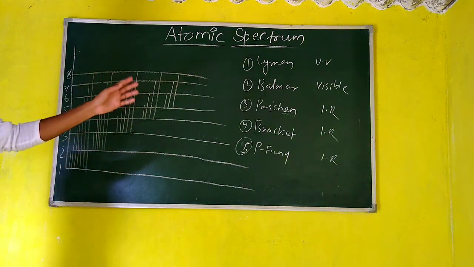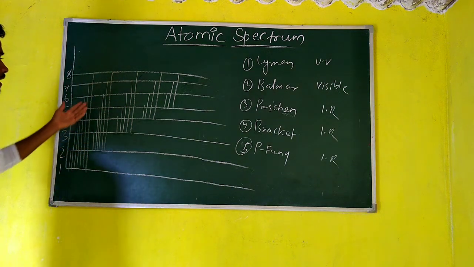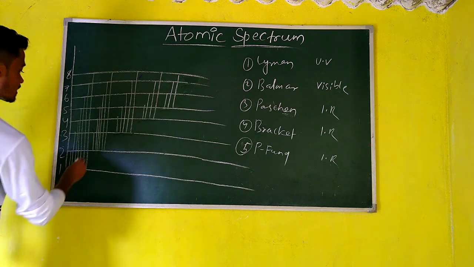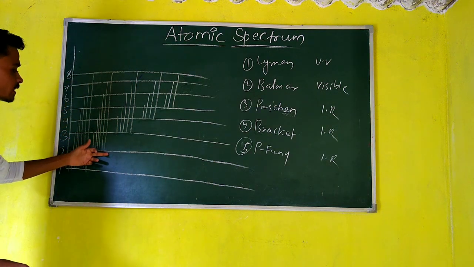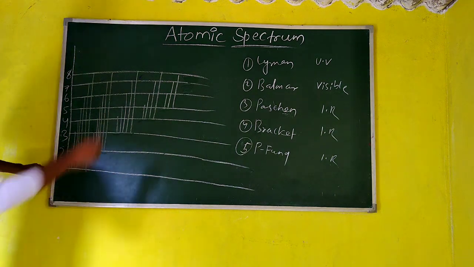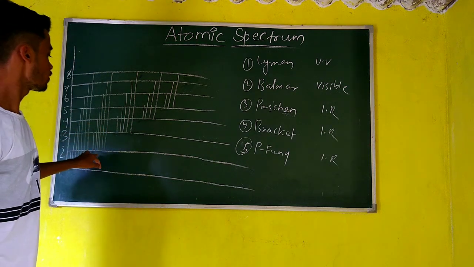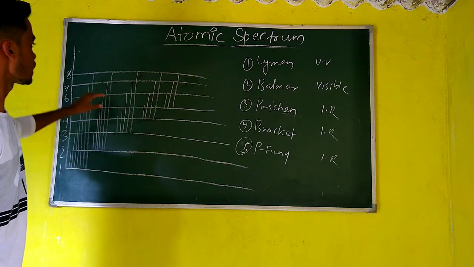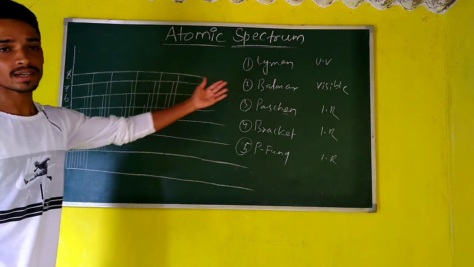And second, the Balmer series, when electrons jump from any energy level to the second energy level. In the Lyman series n1 equal to 1, and in the Balmer series n1 equal to 2. It means the electron jumps from any energy level to the second energy level, and we call this the Balmer series.